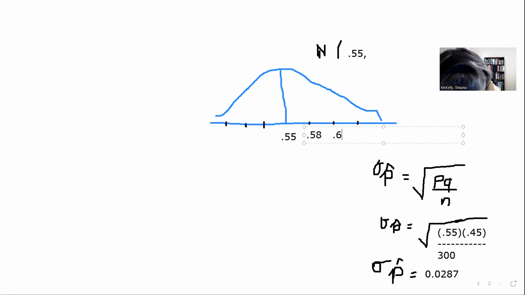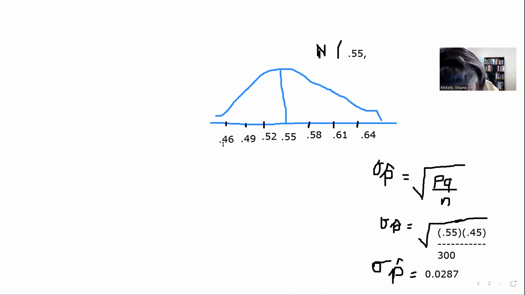So this is 0.61. 0.61 plus 3 is 0.64. 55 minus 3 is 0.52. 52 minus 3 is 0.49. And 49 minus 3 is 0.46.